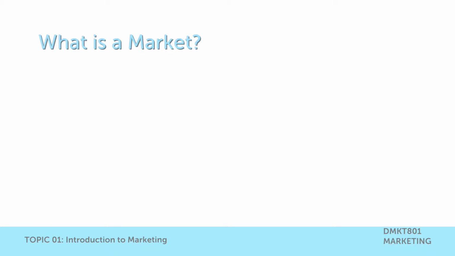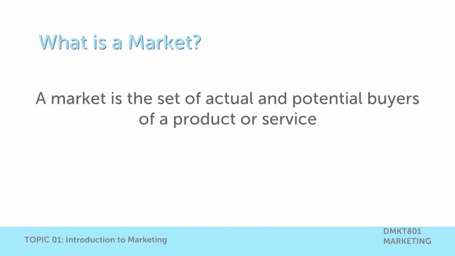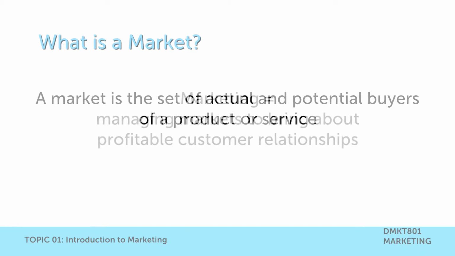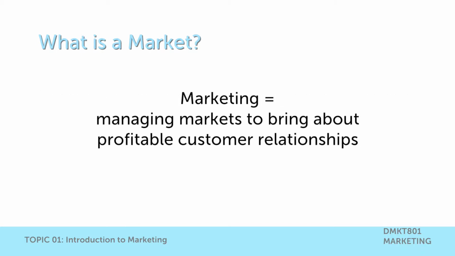So what is a market? A market is the set of actual and potential buyers of a product or service. These buyers share a particular need or want that can be satisfied through exchange relationships. Marketing means managing markets to bring about profitable customer relationships.